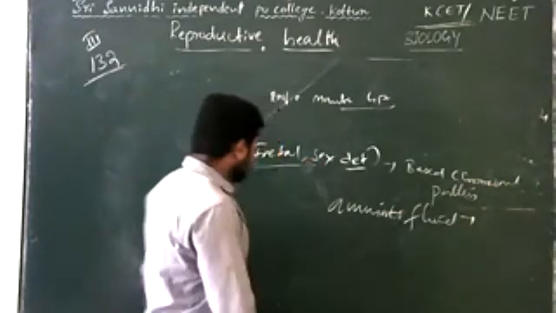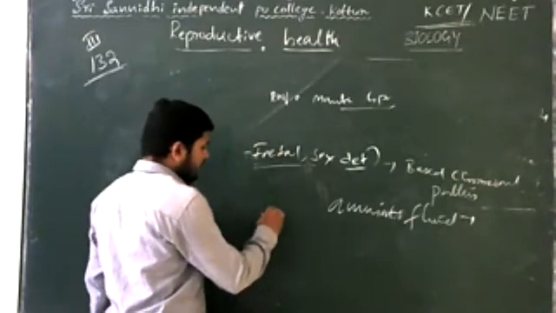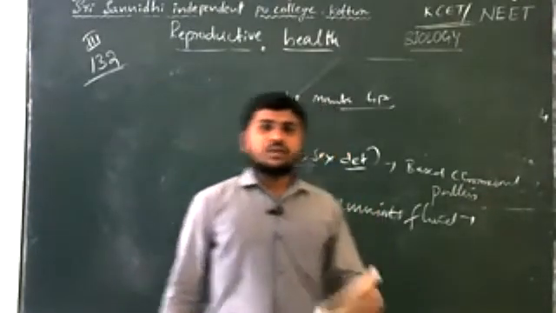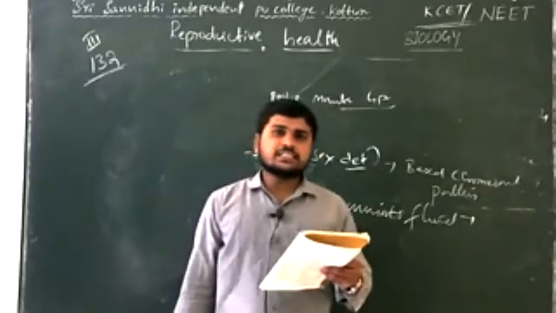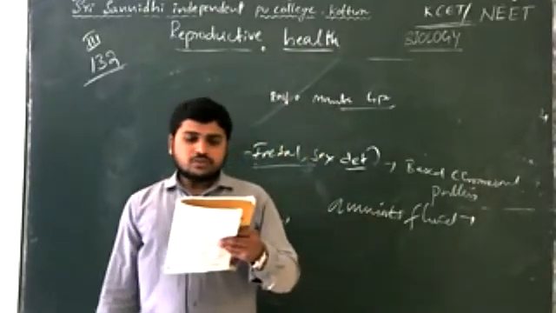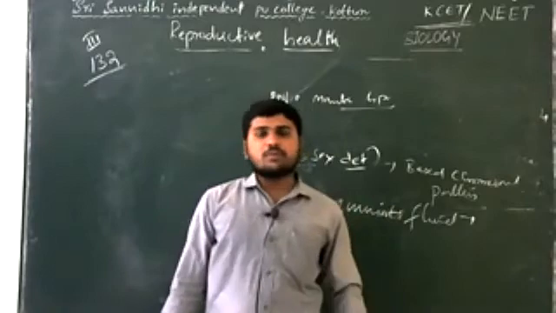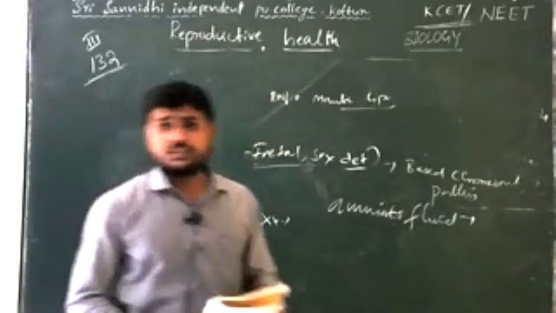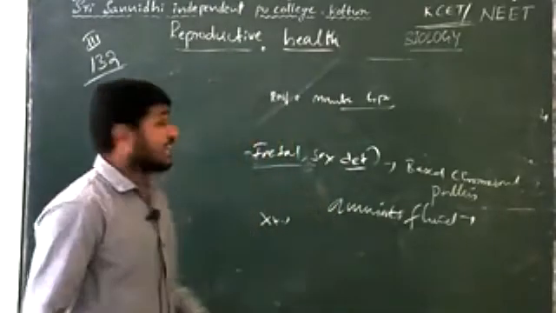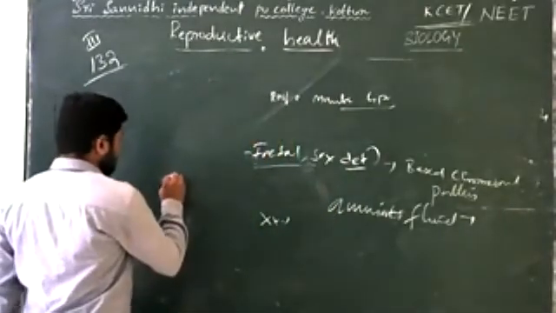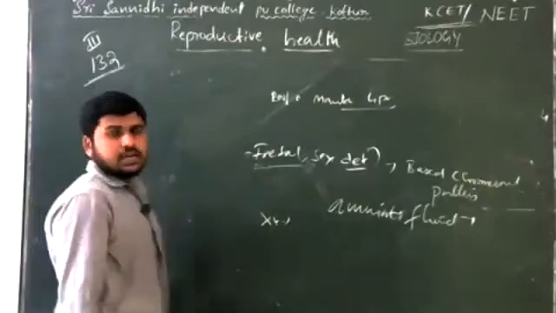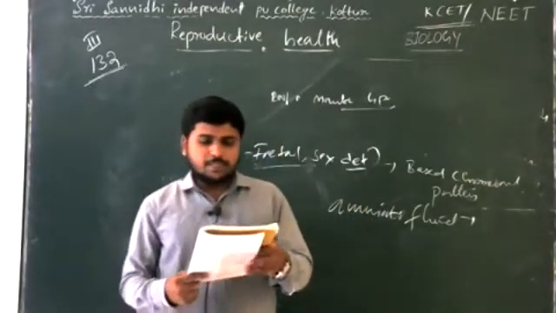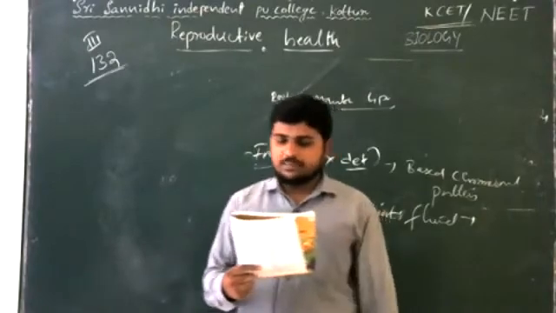If it contains XX chromosomes, then it is a female. X and Y is male. It can also be used to detect Down syndrome. Of course, amniocentesis is not only for fetal sex determination, it is also to detect metabolic disorders and chromosomal disorders like Down syndrome, Klinefelter syndrome, Turner syndrome. So the first one is the incorrect statement.